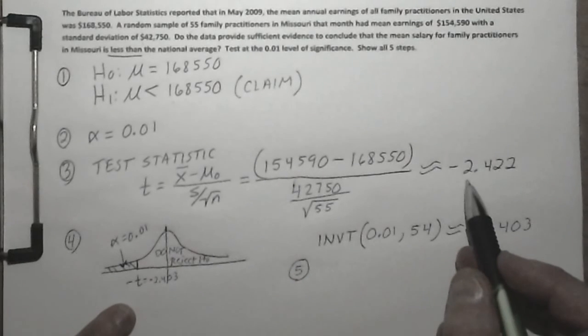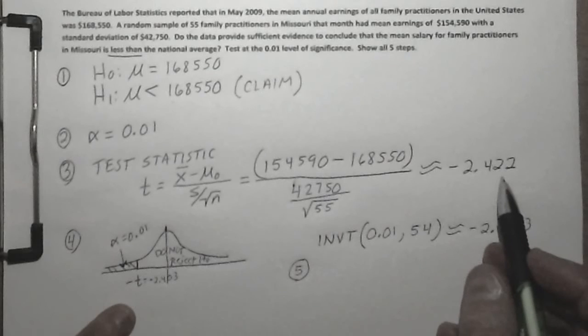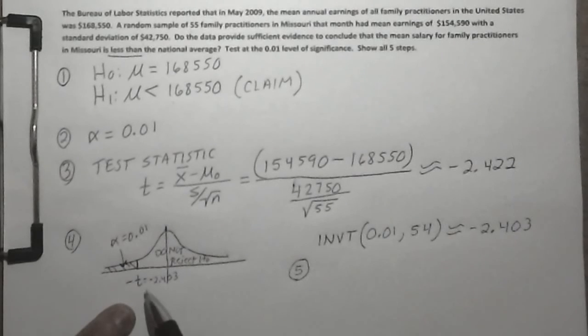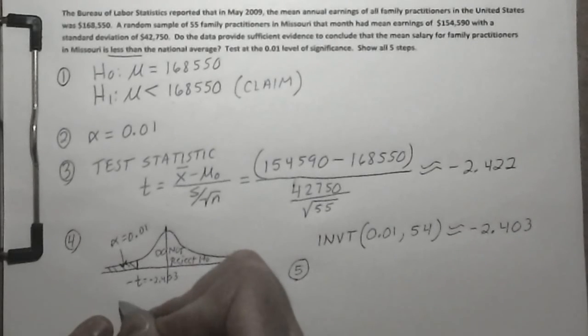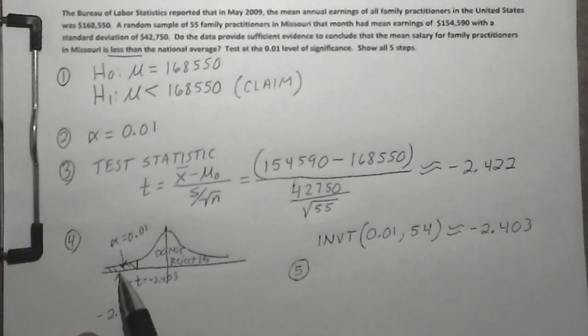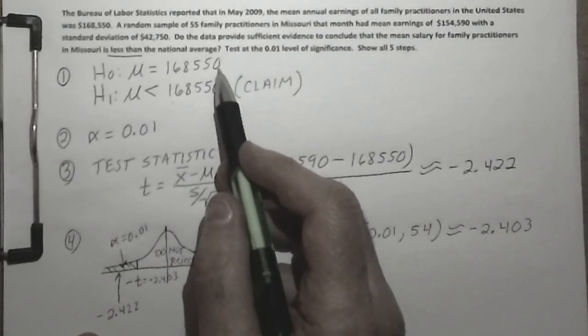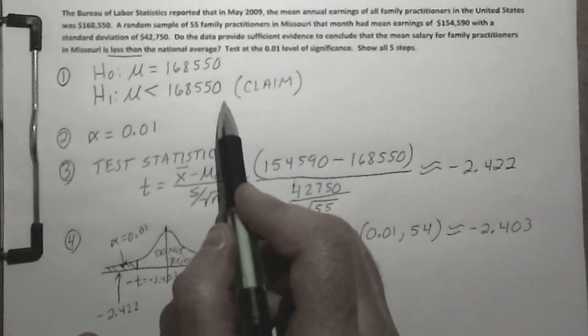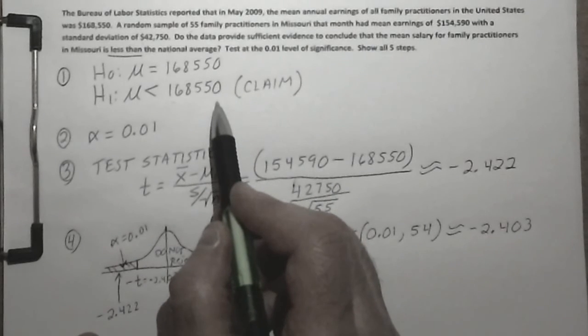And notice that negative 2.422 is a little smaller or less than negative 2.403. So in this case, our test statistic falls in the rejection region. And since our test statistic falls in the rejection region, we are going to reject the null hypothesis, and we are going to go with the alternative hypothesis as being the truthful statement. So it does appear that sample evidence is supporting the claim of these researchers.